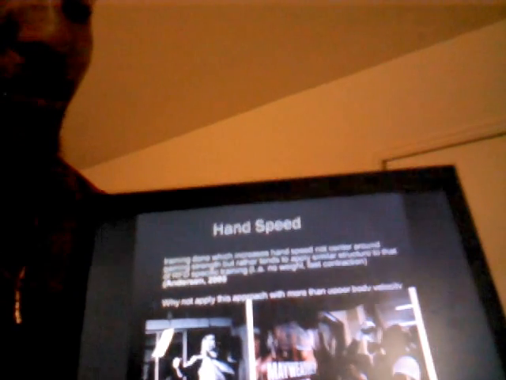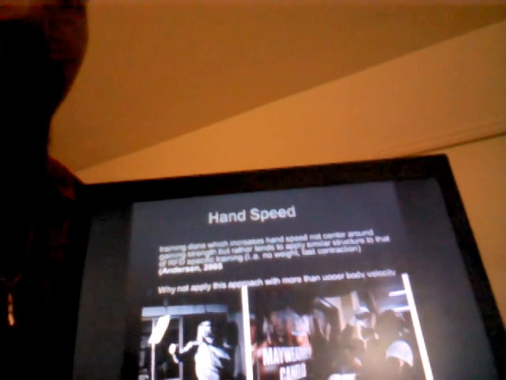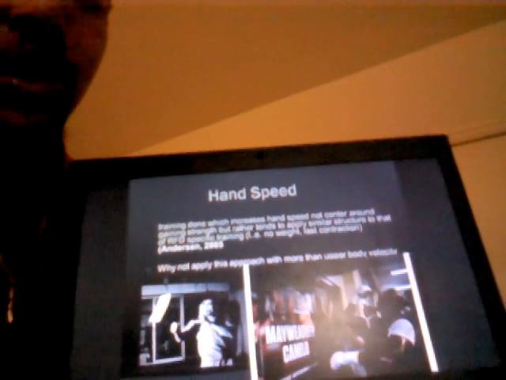It coincides with the training principle of specificity. So the body adapts. Your neurons, I guess.